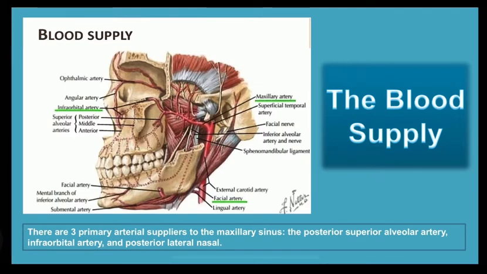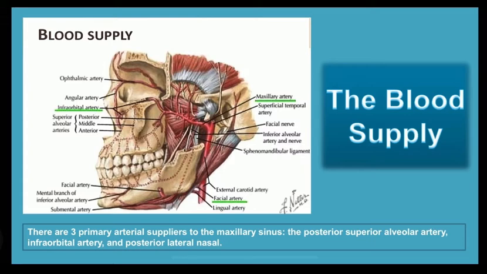The blood supply. There are three main arterial supplies to the maxillary sinus: the first, the posterior superior alveolar artery; the second, the infraorbital artery; and the third, the posterior lateral nasal artery.